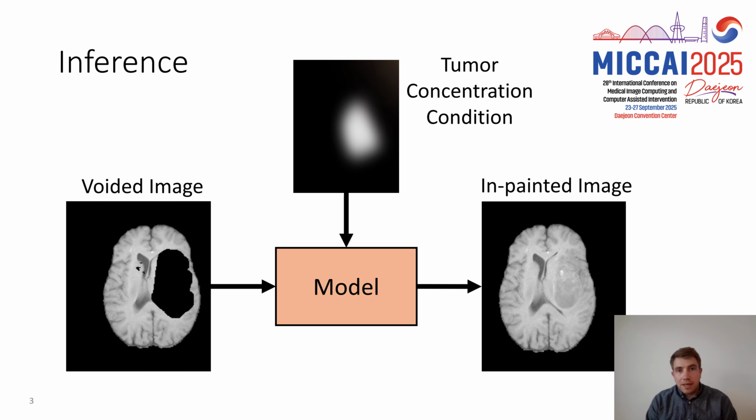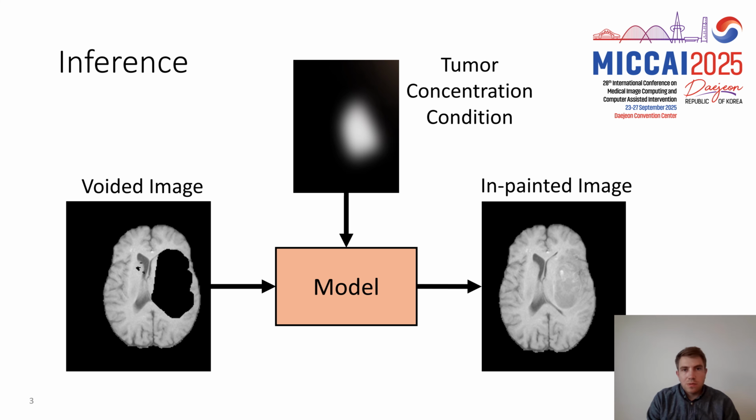Our model takes on the left this voided image as an input, then it is conditioned on a tumor concentration, which is basically like a scalar field in the whole brain, and it gives the relative tumor concentration in each voxel. And based on this, our model predicts an inpainted image.